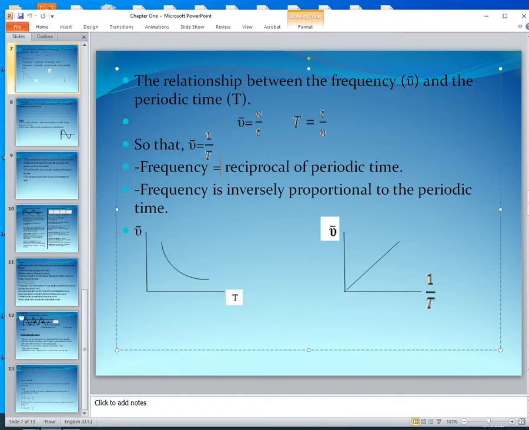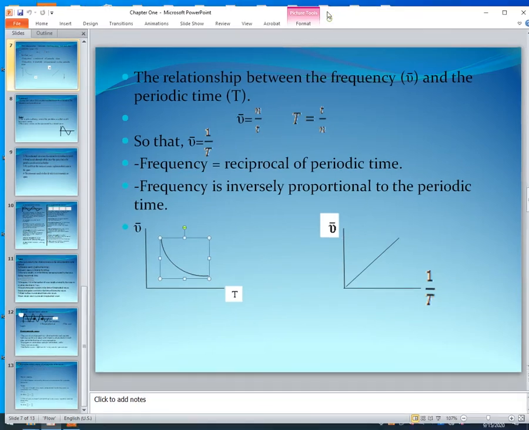From here, the relation between frequency and the periodic time is that as frequency increases, the periodic time will decrease. So it's inversely proportional. We have here the two relations, this relation and this relation. Of course, you know that both are inversely proportional, but what is the difference between this part and this part?